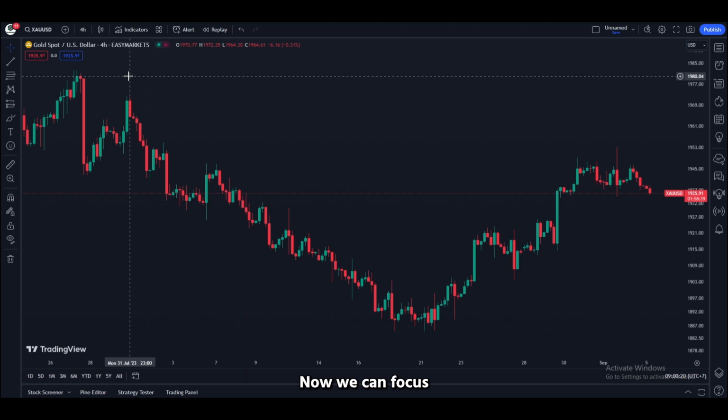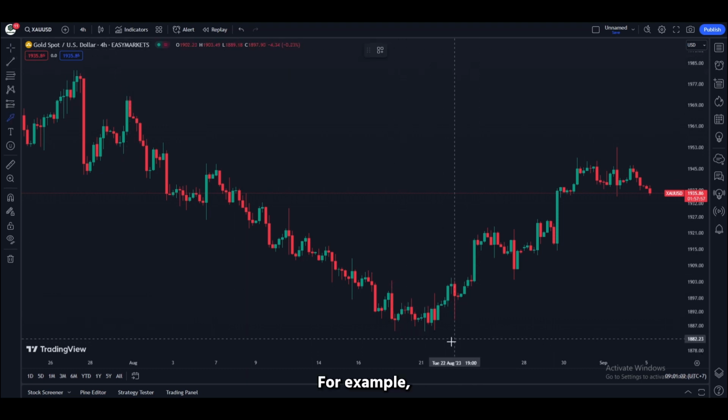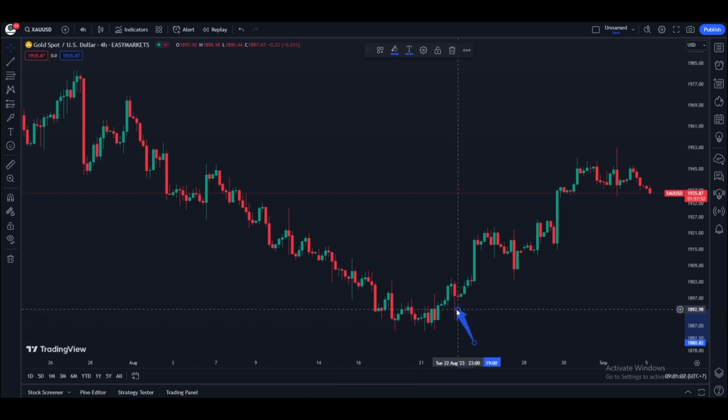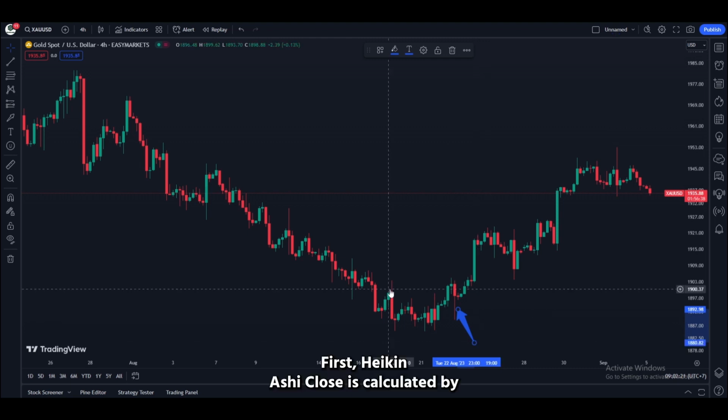Now we can focus on this candlestick, for example, this long wick candlestick. First, Heikin Ashi close is calculated by open plus high plus low plus close divided by 4.